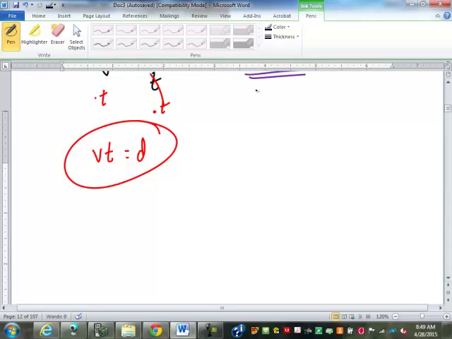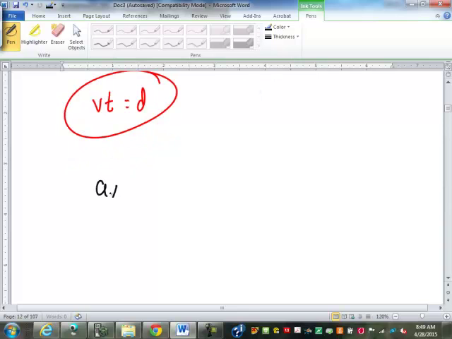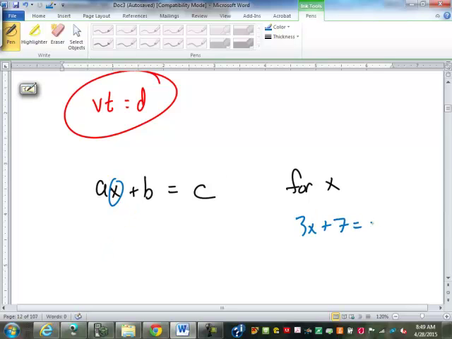You might have a formula like this, and you're asked to solve for X. So here's X. What do you have to do to solve for X? Well, think of this as like 3x plus 7 equals 23. You're going to have to subtract the b first.